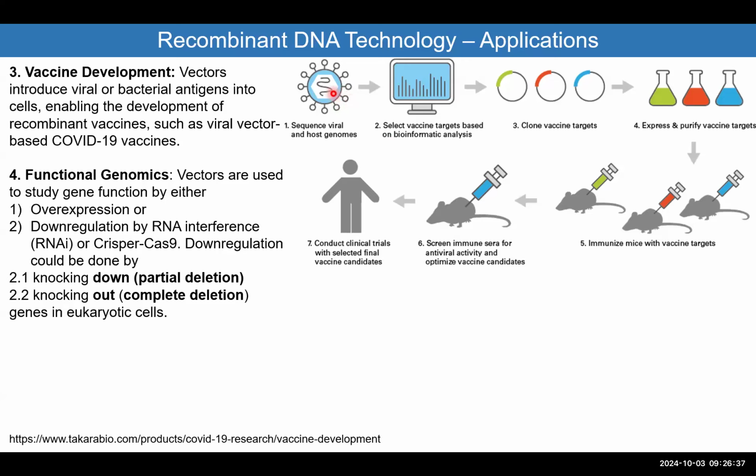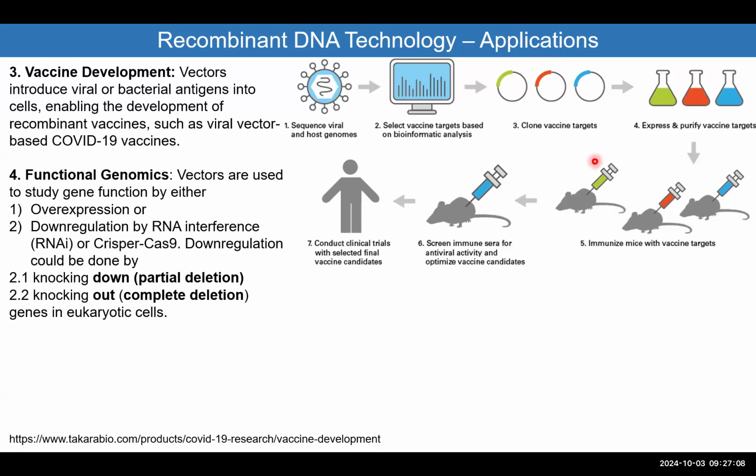It will recognize only that virus. So imagine we found 3 different hits that say probably this part, probably that part, probably these 2 parts together. So we get the genes for those and we clone them. And then we overexpress those proteins. And after that, we inject those into mice or animals.